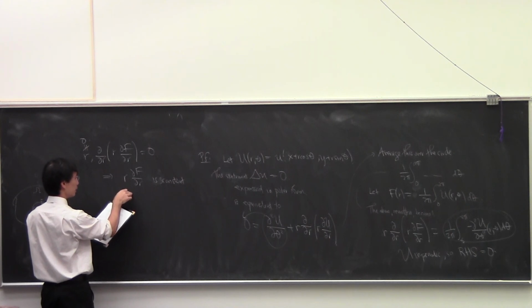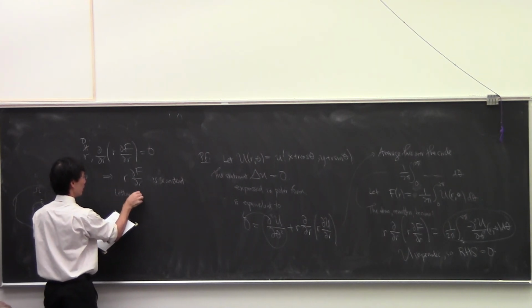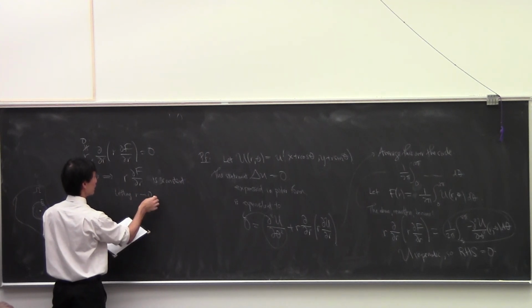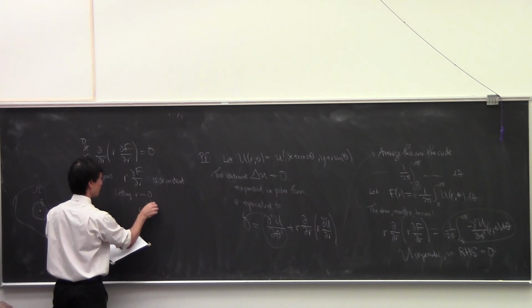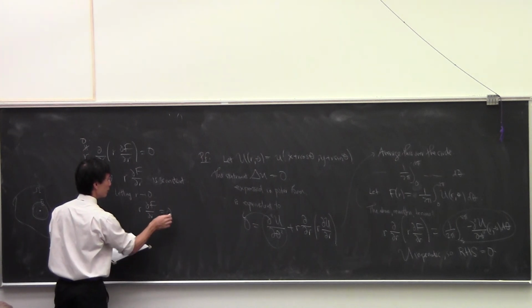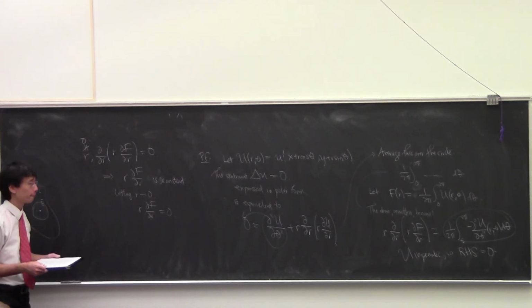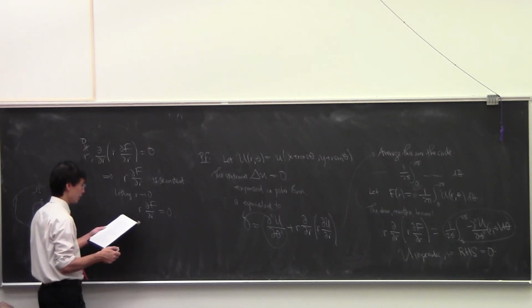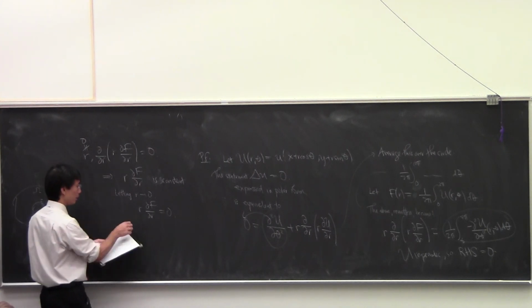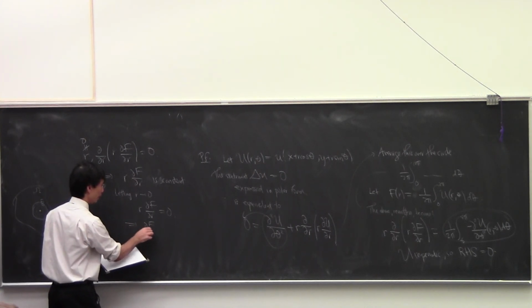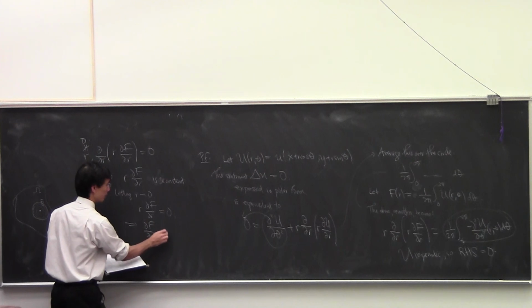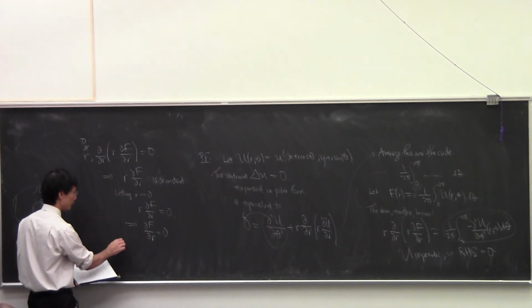And then, letting r go to 0, we see that the constant must be 0. The constant must be 0, and that means that df dr must be 0. In other words, f is constant.